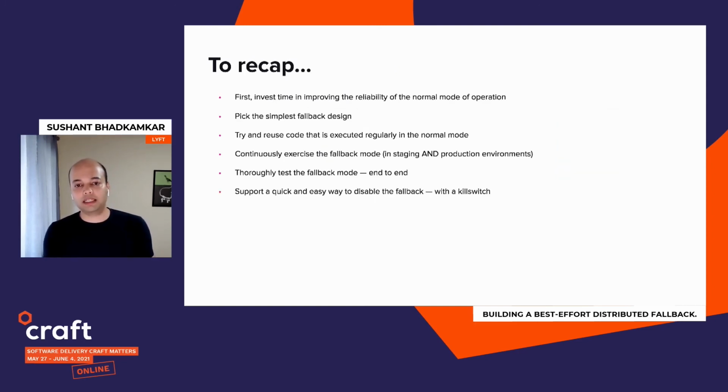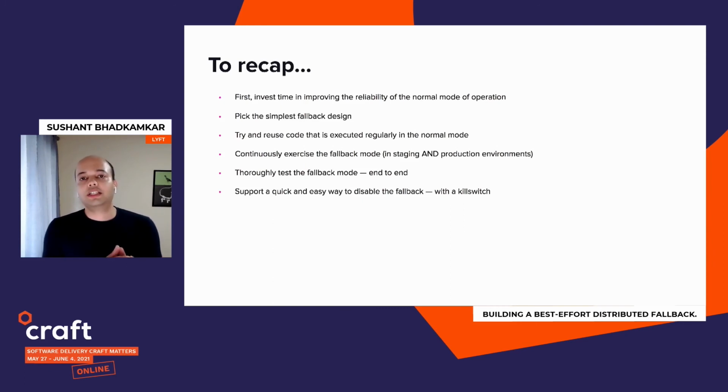So we went through all of these, but just to recap, first, invest time in improving the reliability of the normal mode of operation. Then if you decide to still build a fallback, make sure the design is very simple. Try and reuse code that you would regularly exercise in your normal mode of operation.